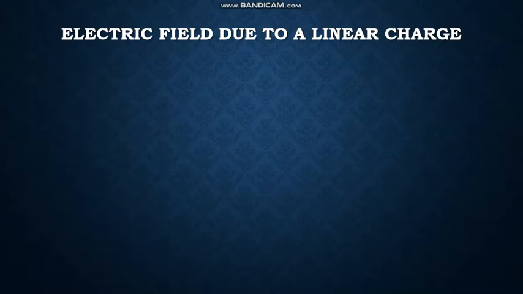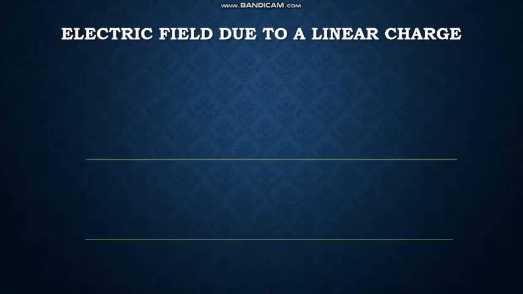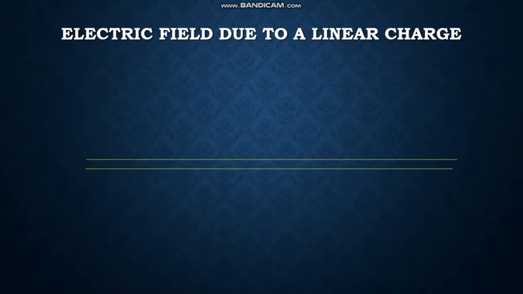Now we will find the electric field due to a long straight uniformly charged wire using Gauss's law. Consider an infinitely long straight wire. Suppose positive charge is uniformly distributed over the length of the wire.